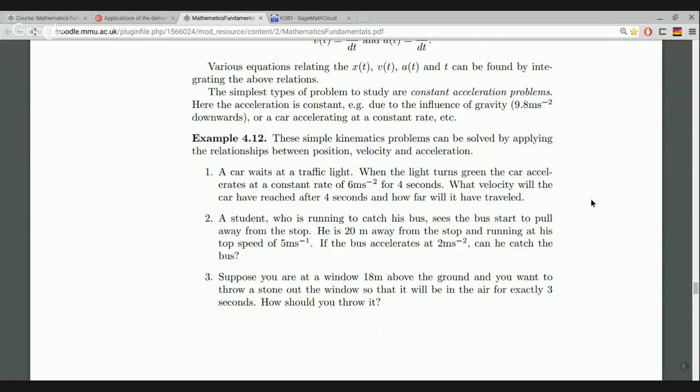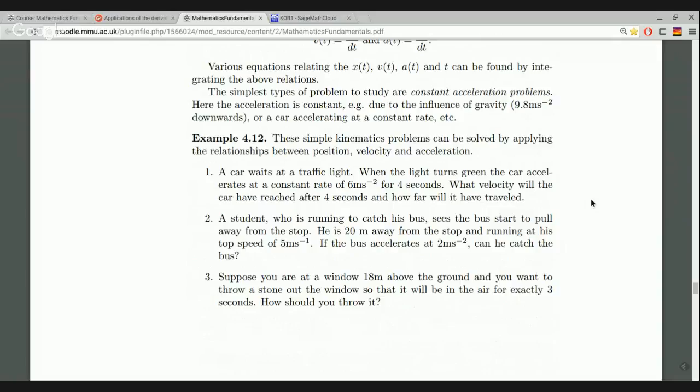And we get one for the bus's location. So the acceleration of the bus is 2 meters per second squared. So the velocity of the bus is 2 times t plus the initial velocity, the velocity of the bus at time 0. What's the velocity of the bus at time 0? Well, we're told it's pulling away from the bus stop. So time 0 is the moment at which the bus leaves the bus stop.